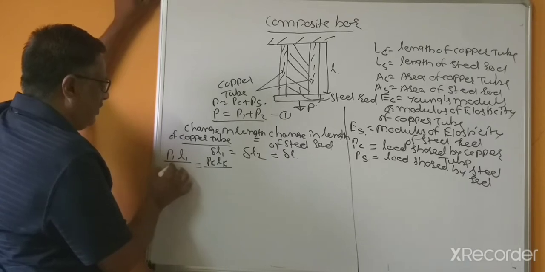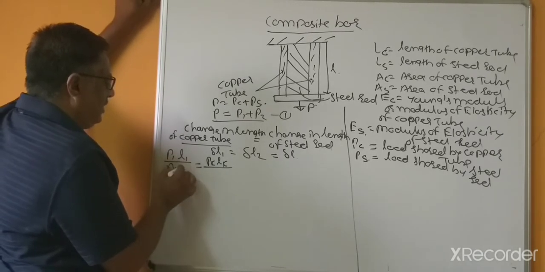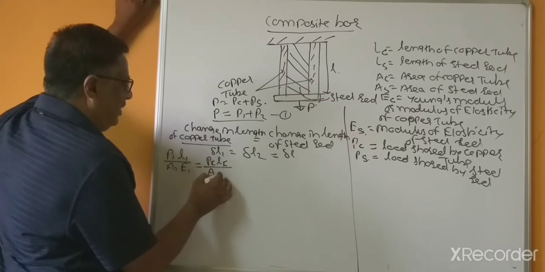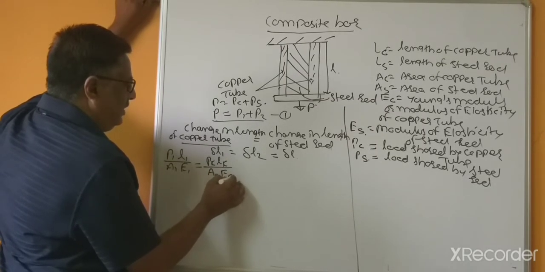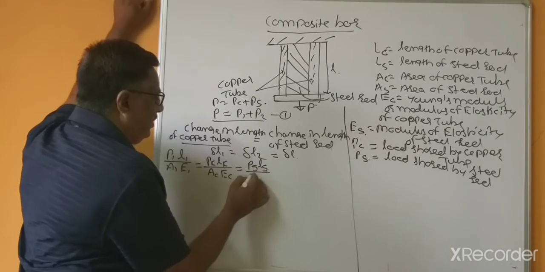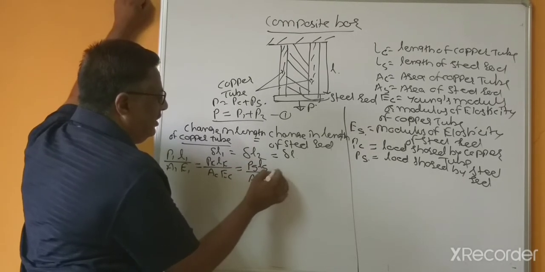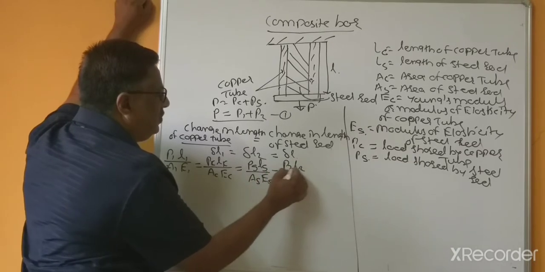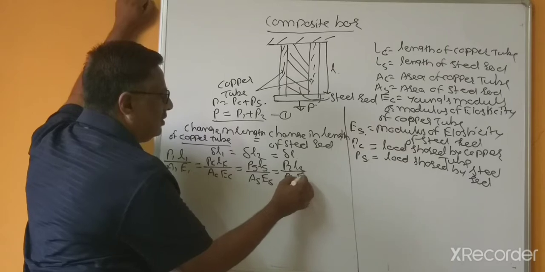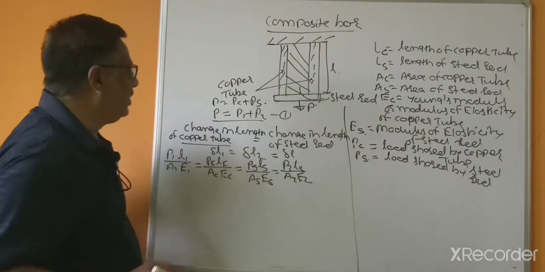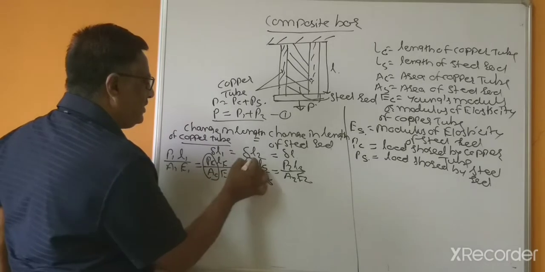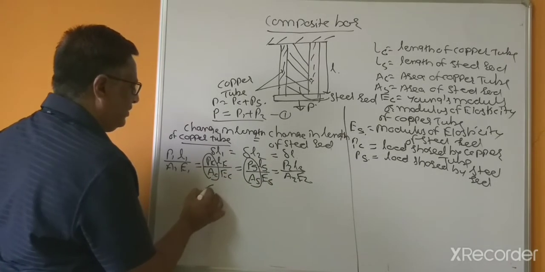So P1 L1 over A1 E1, PL over AE, equals PC LC over AC EC equals PS LS over AS ES, or P2 L2 over A2 E2.